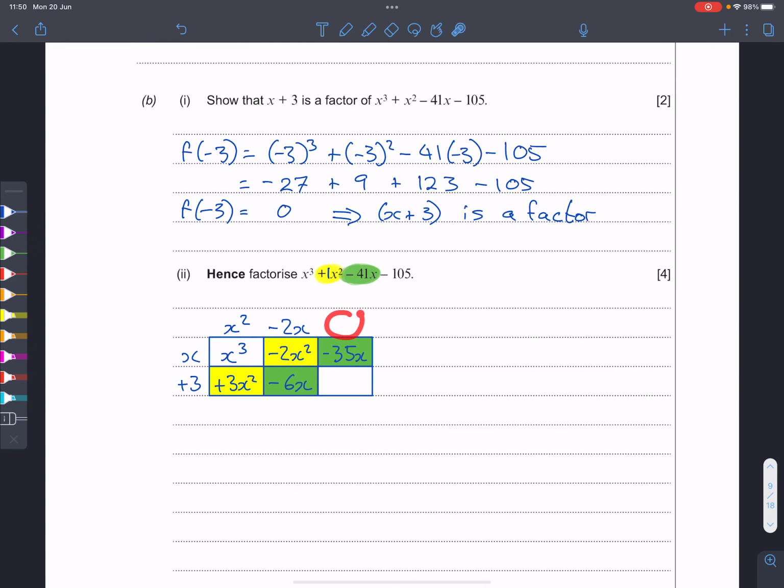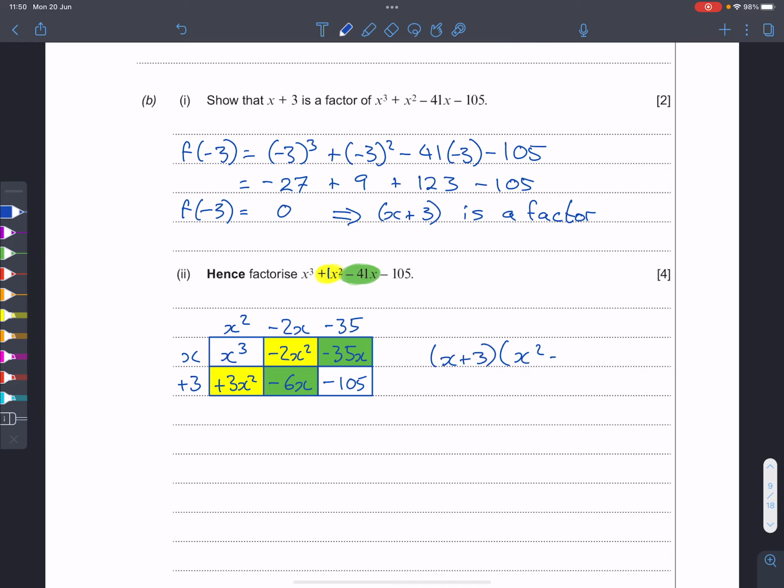Then this number times x is going to be negative 35x, so that's negative 35. As a double check, this 3 times negative 35 should give me my constant. It does, negative 105.